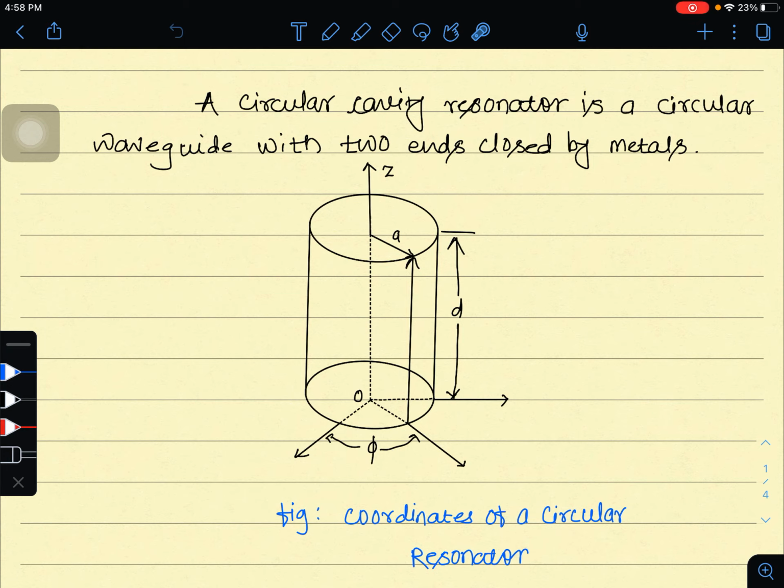Now let us start with the TE mode, that is the transverse electric mode.